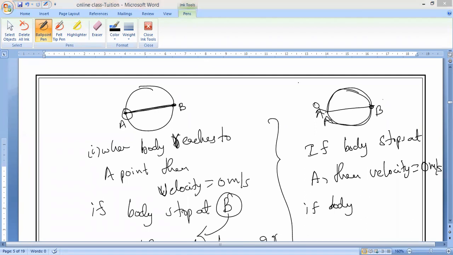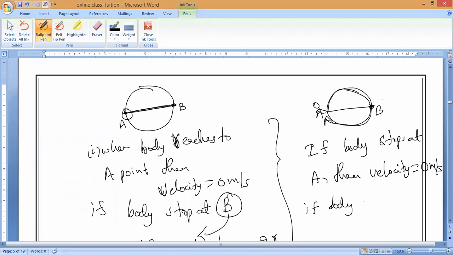Darun, understand? Devarsini, if the body stops at B, then what is the velocity? Velocity is 2R, equal to B.